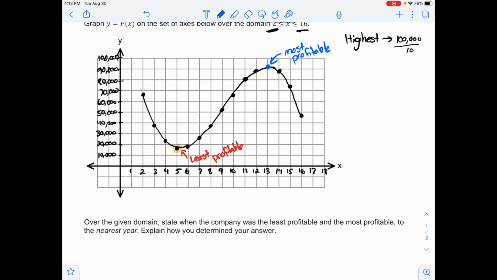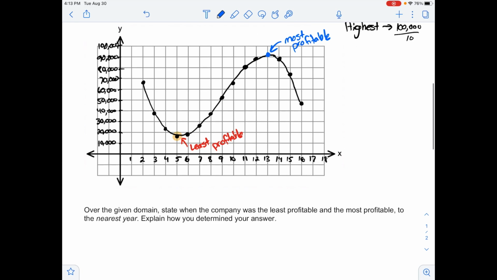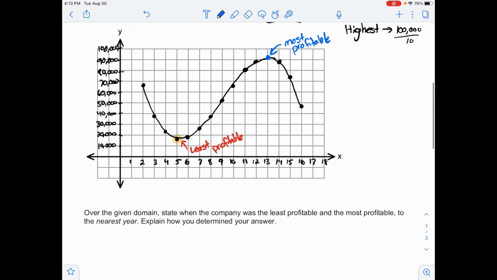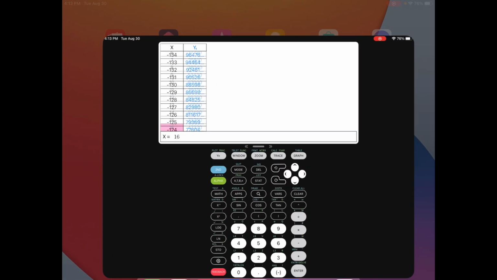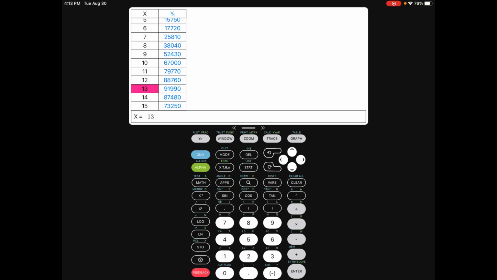So year 5 is the least profitable, and year 13 is the most profitable. And we can get the exact values too, so I can go back to the table. Year 5 was about 15,750, and year 13 was 91,990. So that's our least profitable, most profitable.